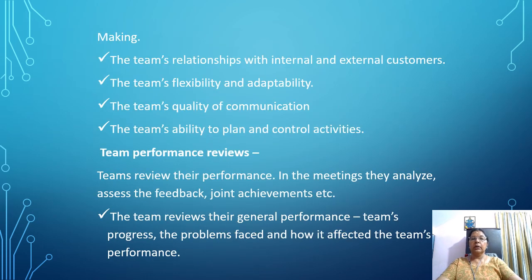And what is the team's relationship with internal customers, that is the employees, and the external customers of the organization? How flexible is the team to changes in the macro environment, how adaptable is the team to changes in the external environment, what kind of communication quality are they going to follow? Are they able to plan and control activities?